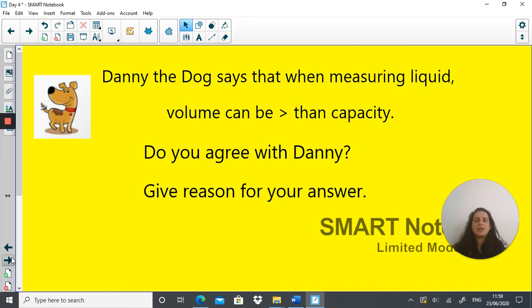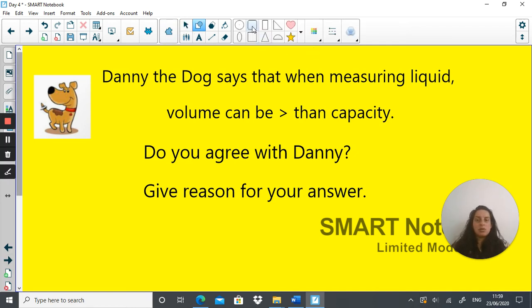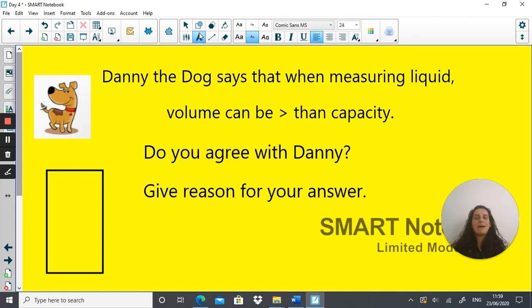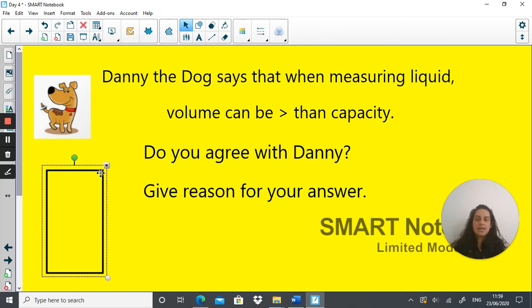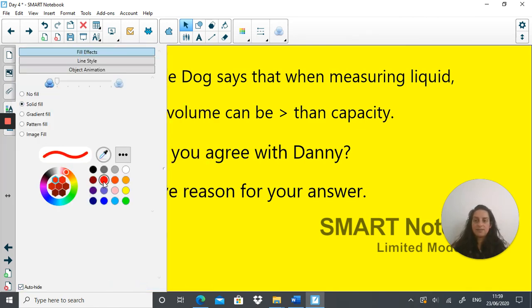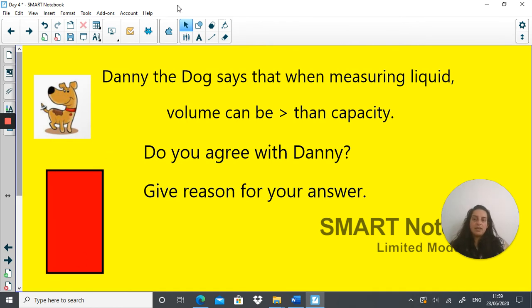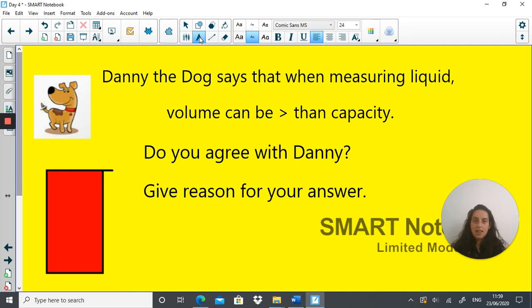Now, as an example, if I draw a rectangle here for you, let's say this is a container. We remember the capacity of that container is the maximum amount of liquid it can hold. So let's say that the maximum liquid that this can hold, up here, is 1 litre.